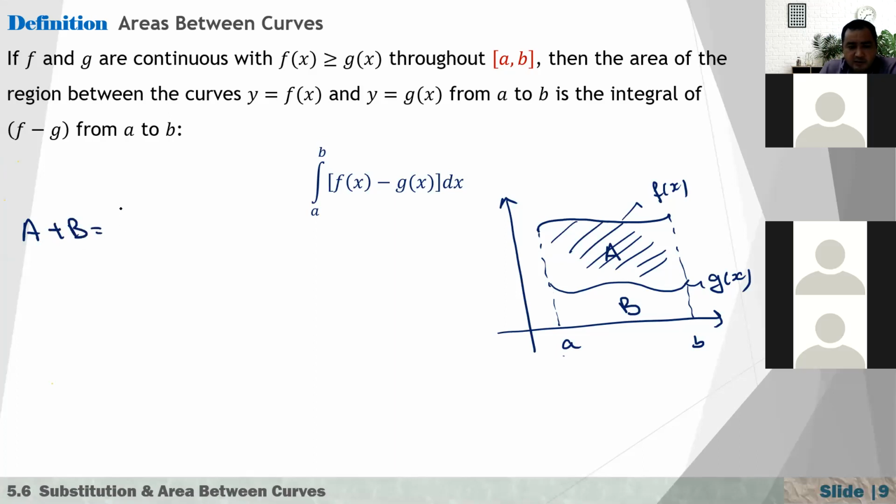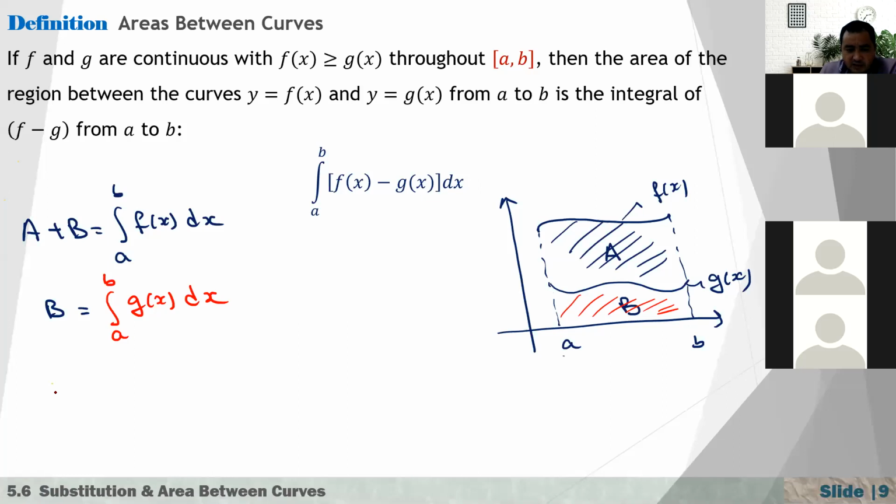A plus B is equal to the integral from a to b, if it is positive here, of f of x dx. And how about the area B? It is our g function, right? And it is the area which is shaded by red color. So that's equal to the integral, again from a to b, of g of x dx.